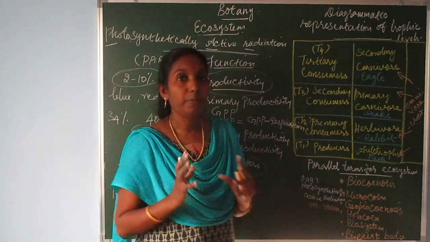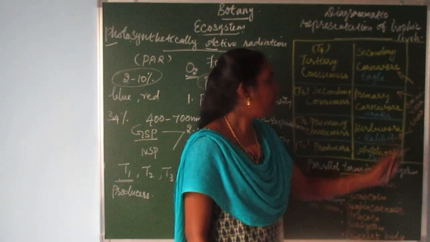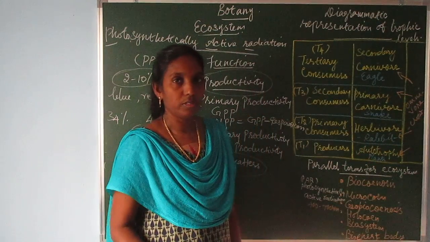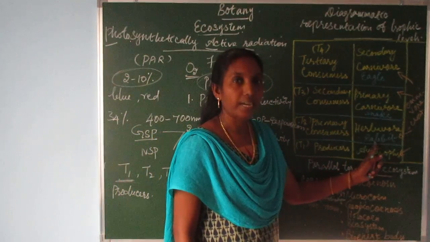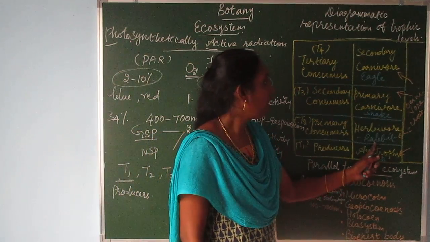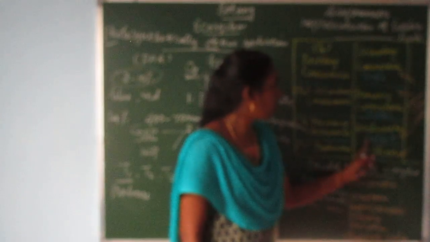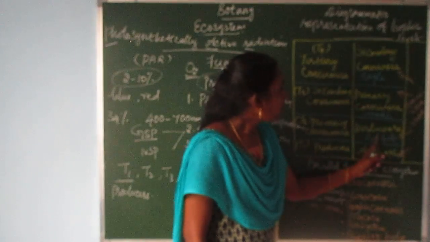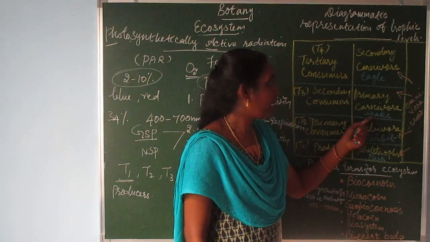The example is plants, green plants. These plants are eaten by herbivores. There are a number of herbivores. One example is the rabbit. Rabbit is a herbivore, and this herbivore is considered a primary consumer. This primary consumer is consumed by another organism, that is the snake.